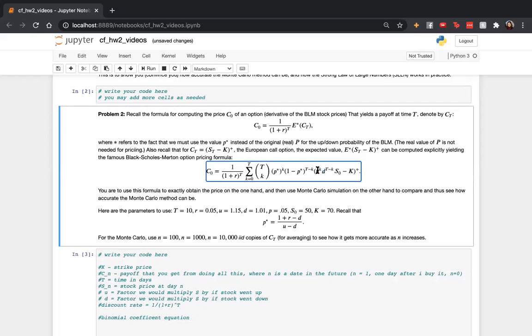And I am going to take my factor u to the power of k, and then take my factor d to the power of t minus k. So we're going to be multiplying our S0, which is our stock price at day 0, by some sort of factor, and then subtracting the strike price.